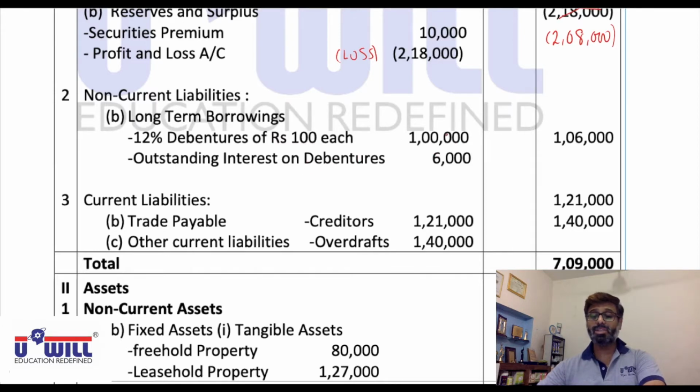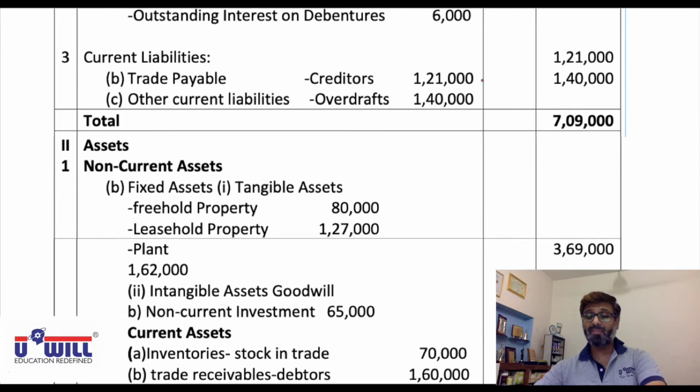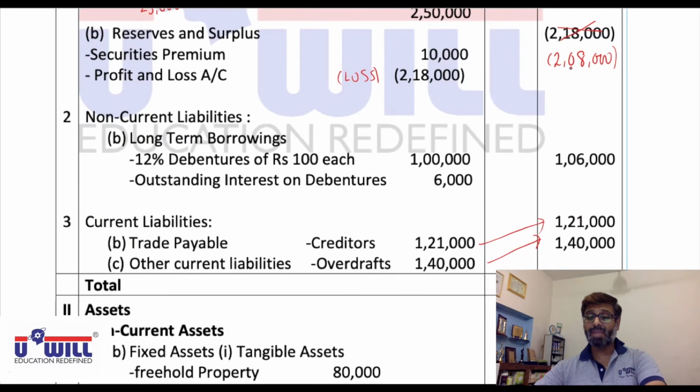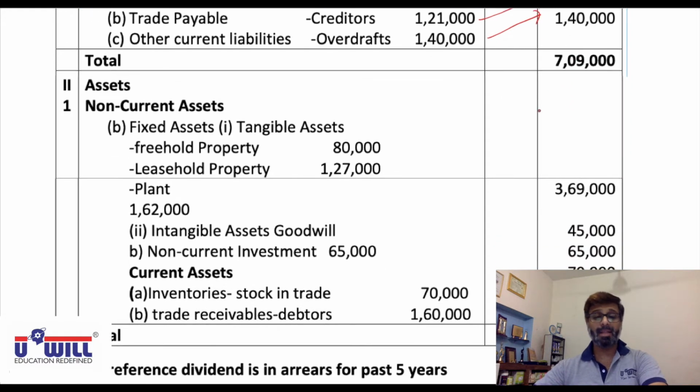Outstanding interest on debentures, 6,000, so 1 lakh 6,000. Current liabilities, trade payable creditors of 1 lakh 21,000, and overdraft of 1 lakh 40,000, which are given in the outer column also. Actually, total should be given in the outer column, and you can cross-check. 5,50,000 minus 2,08,000 plus 1,06,000 plus 1,21,000 plus 1,40,000 does come to 7,09,000.